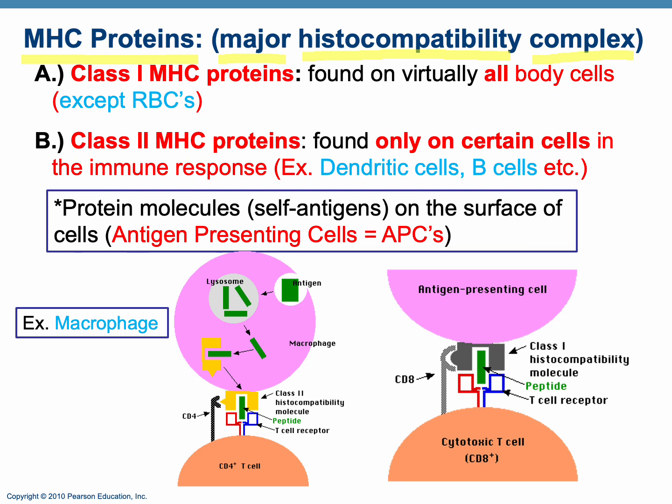There are 2 classes of these proteins: the class 1 MHC proteins and the class 2 MHC proteins. The class 1 MHC proteins are found on virtually all body cells, the exception being red blood cells, your erythrocytes. The class 2 MHC proteins are found only on certain cells in the immune response, such as B cells or dendritic cells.